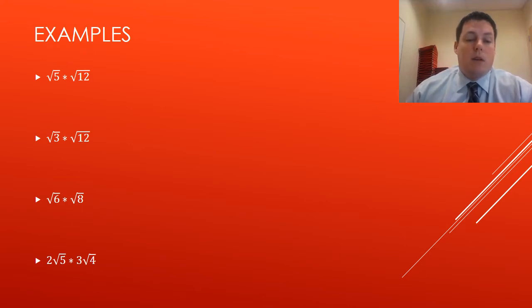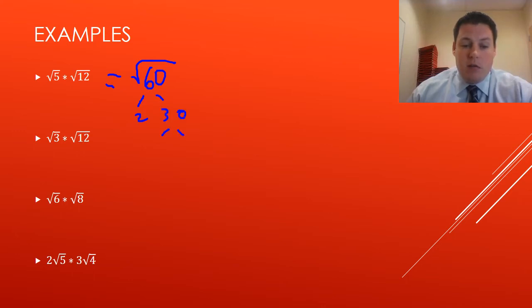Let's walk through a couple more examples. Here, 5 times 12 gives us 60. We do a factor tree, we get 2 and 30. We get 2 and 15. We get 3 and 5. So 2 times 2 times 3 times 5.